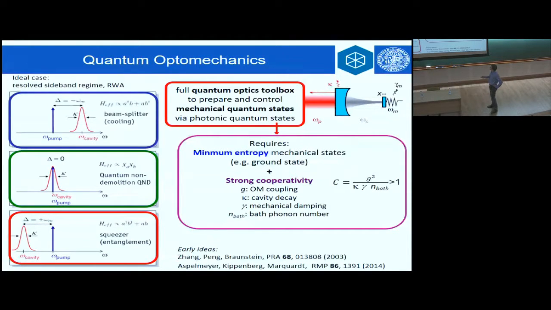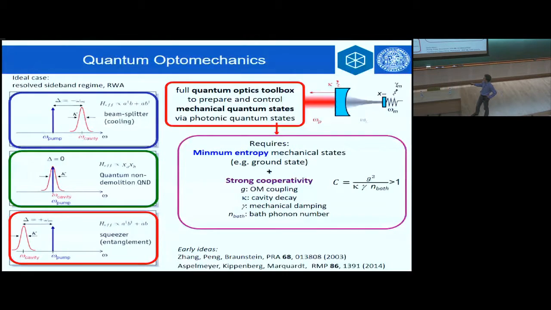So by detuning the driving of this optical cavity from the resonance of the cavity, one can, in the resolved sideband regime, where the frequency of the mechanical oscillator is higher than the line width of the cavity, go to different interactions by detuning the laser that drives the cavity. One can achieve a beam splitter interaction between photons and phonons.